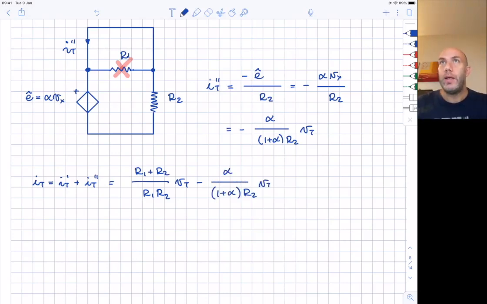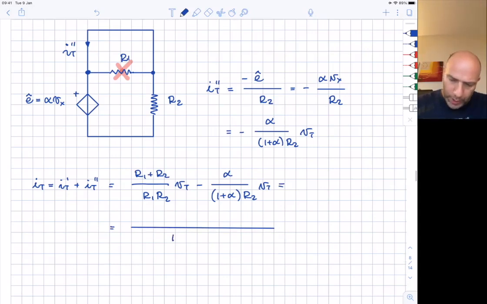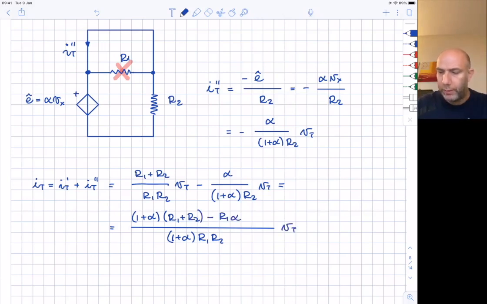We can calculate the common denominator, and we have a fraction line with 1 plus alpha R1 R2 at the denominator, and the numerator becomes 1 plus alpha times R1 plus R2 minus R1 alpha, that multiplies the voltage Vt.